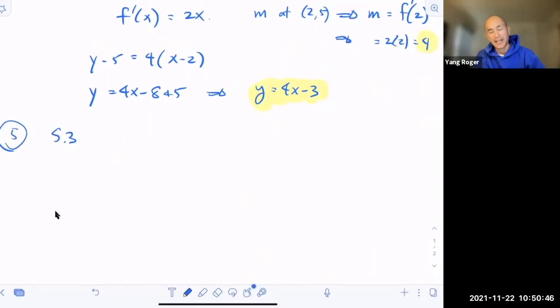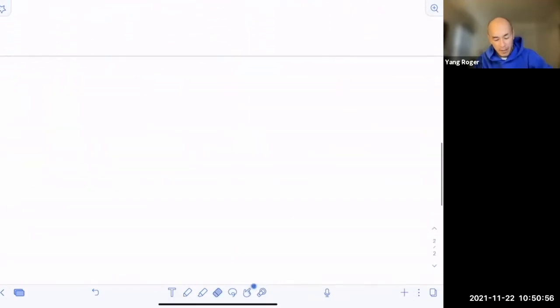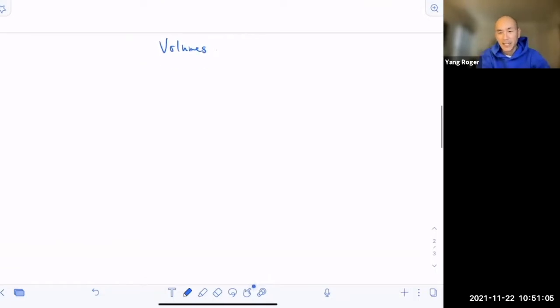If you haven't mastered 5.2, then I think 5.3 might be a little bit confusing. So let me refresh where we are with the volume stuff. Basically, at this point, you could think of it as two different camps.